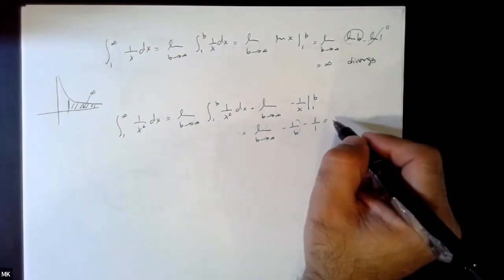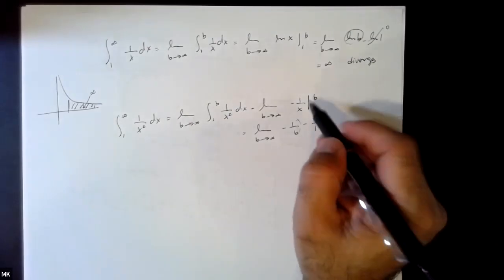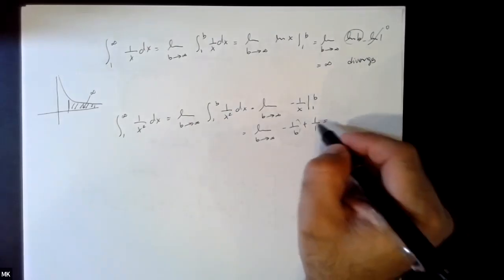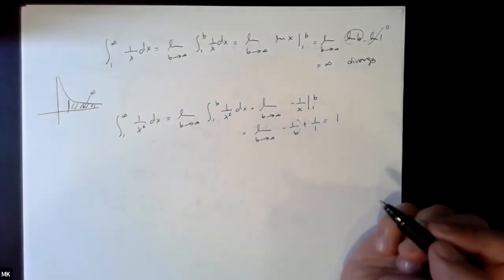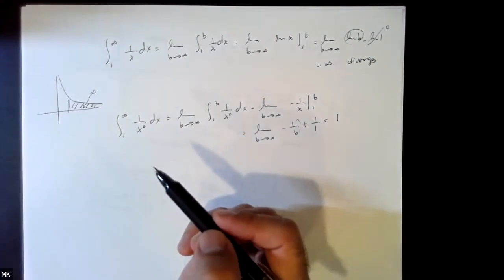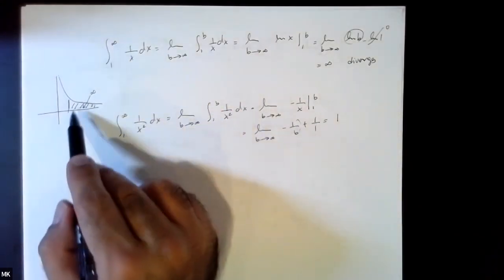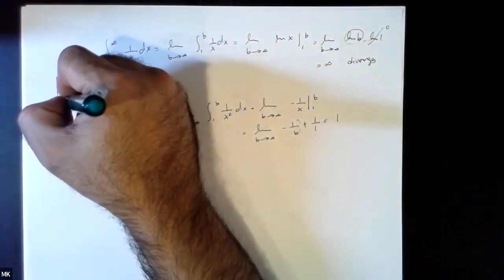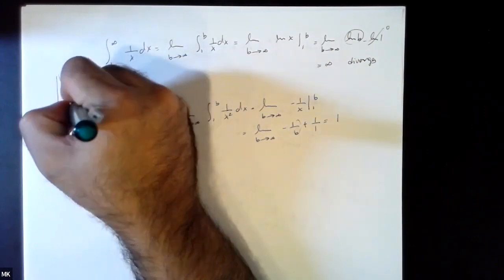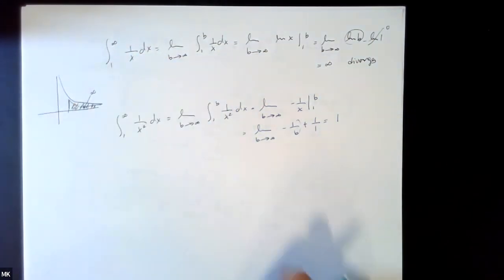I just end up with 1 over 1. I end up with 1. It converges. What a difference a simple power makes. 1 over x from 1 to infinity diverges. 1 over x squared, which is just slightly below this, that area actually converges.